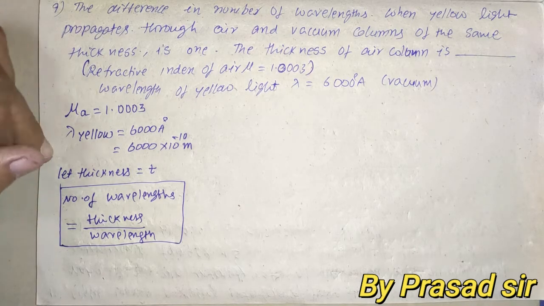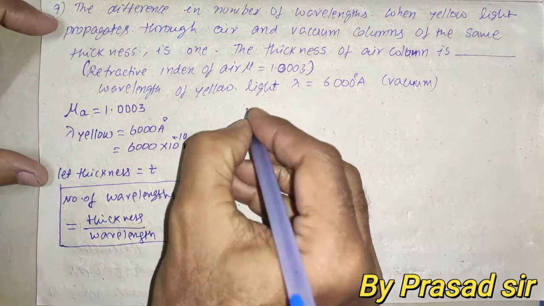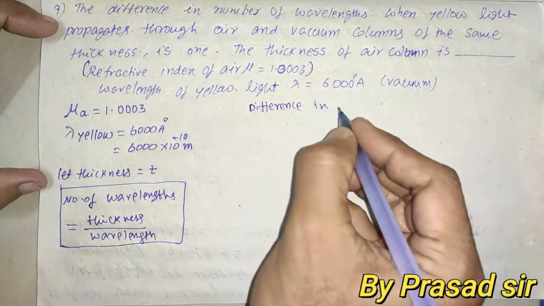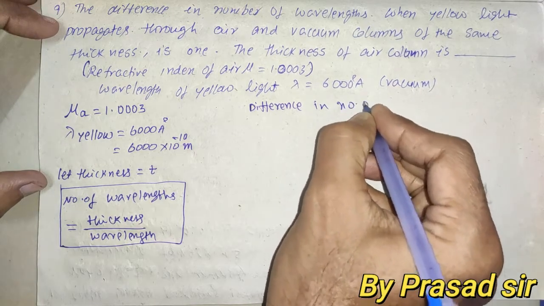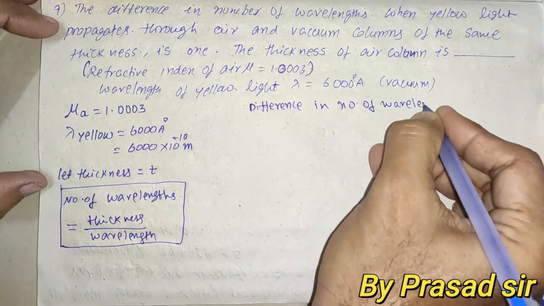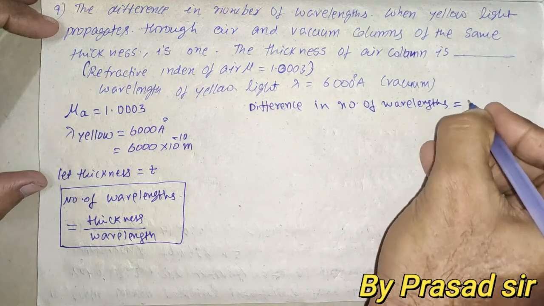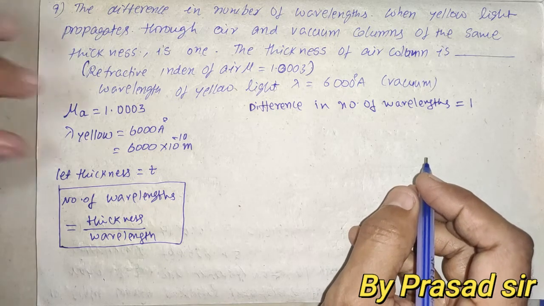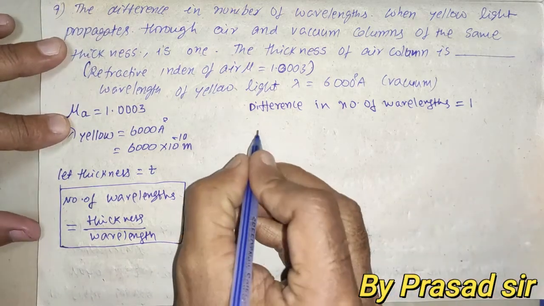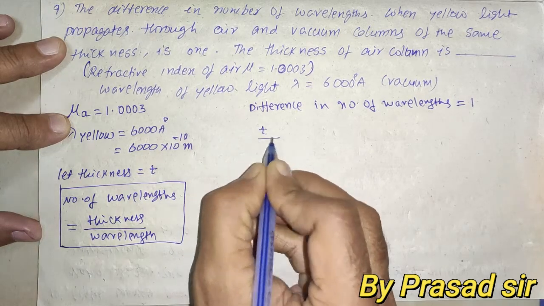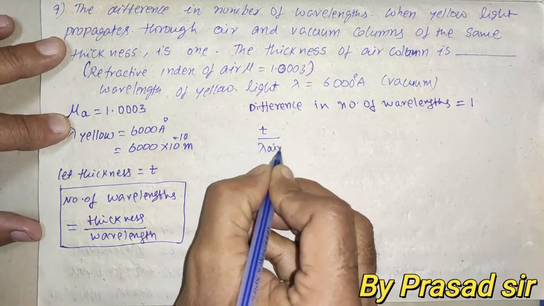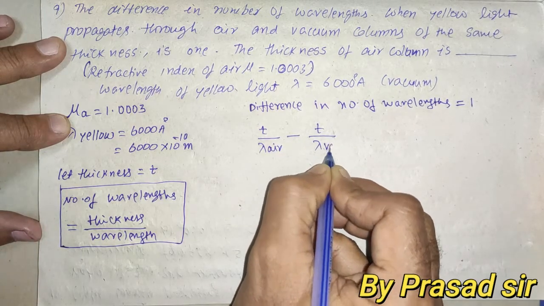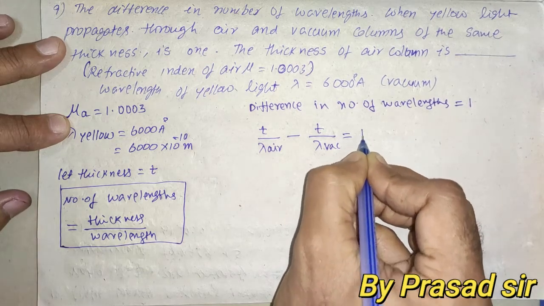By using this one only we will calculate this problem. So first of all we will take like this: difference in number of wavelengths is equal to 1, that is given. So we know the formula, that is T divided by wavelength in air minus T divided by wavelength in vacuum is equal to 1.